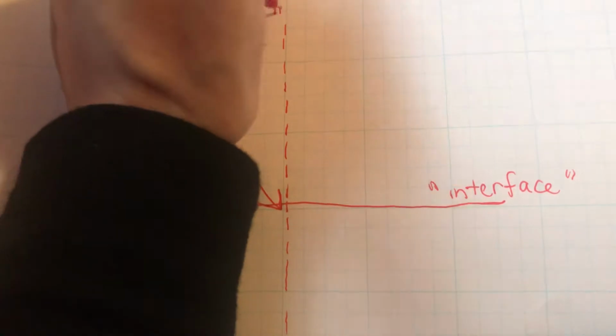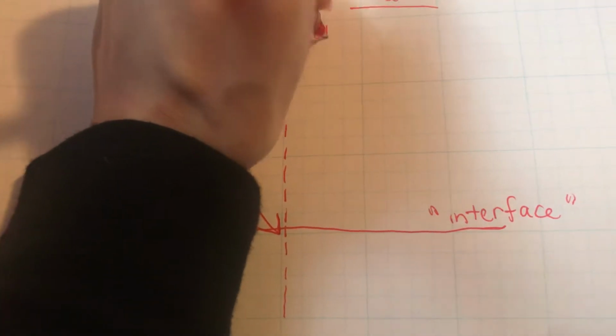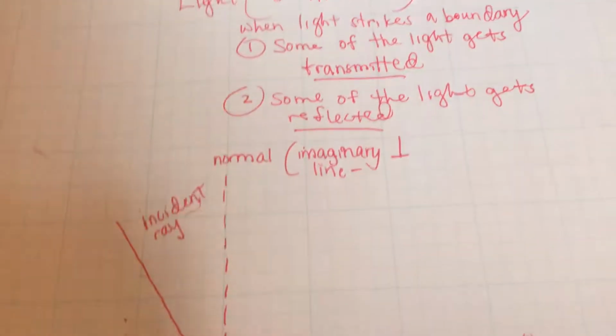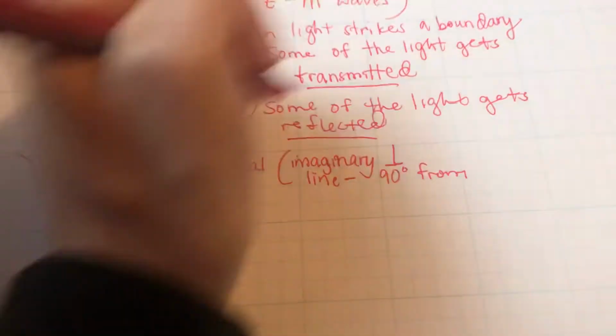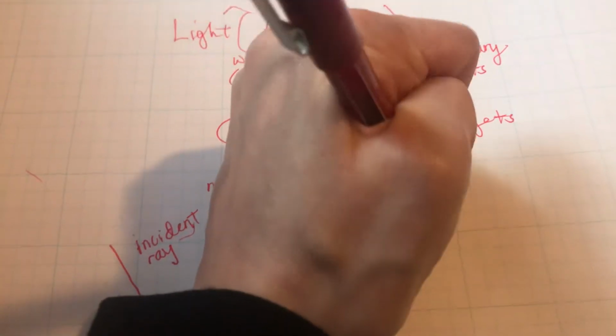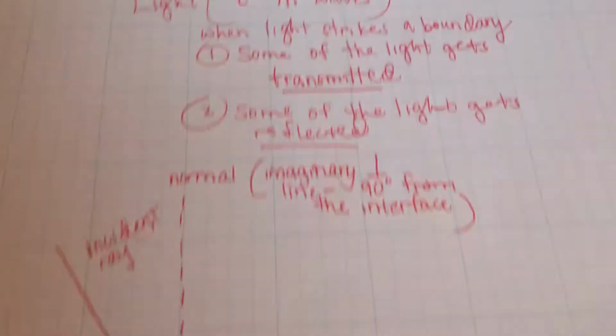So we refer to this reference point, or this imaginary perpendicular line, which sits 90 degrees from the interface. We call this the normal.